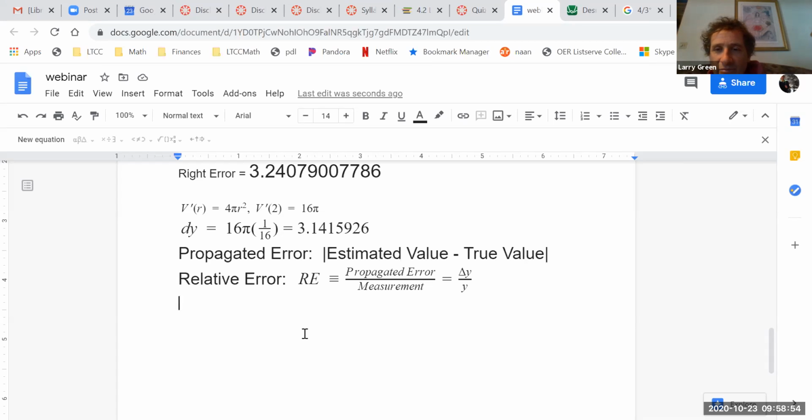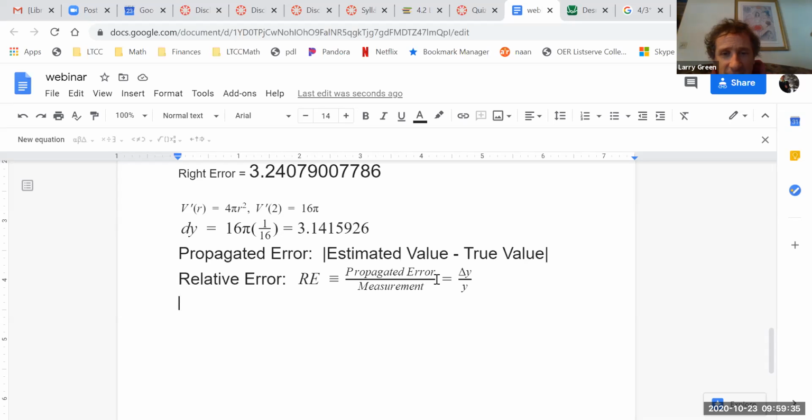Yet it doesn't sound good if you're measuring the distance from the electron to the nucleus of a hydrogen atom. 1/100th of a centimeter is an absurdly bad estimate. So you want to take that ratio. You want to make sure you're taking into account how big the thing is and not just how much your error is. And that's what the relative error is. Any questions on that?